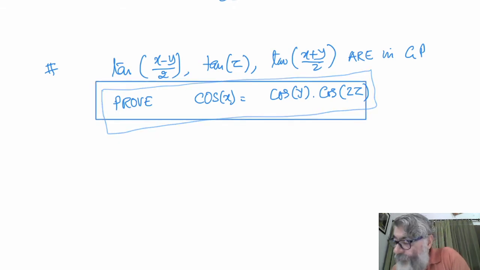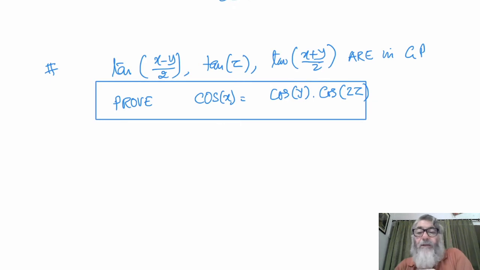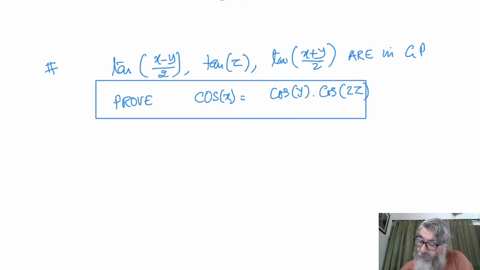GP means the square of the middle term should be the product of the next two terms.